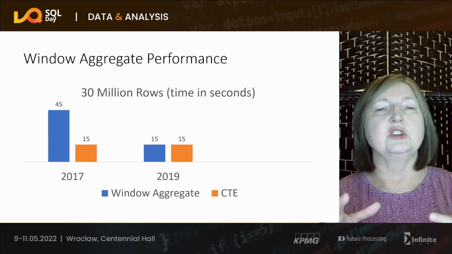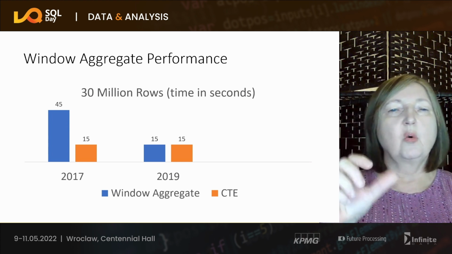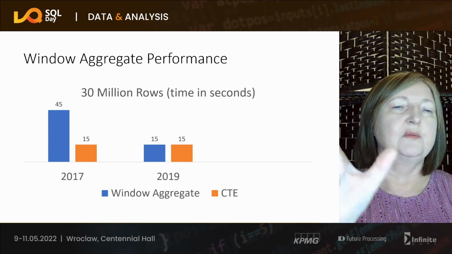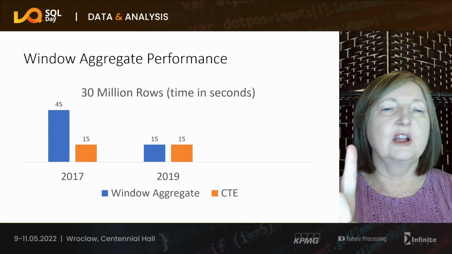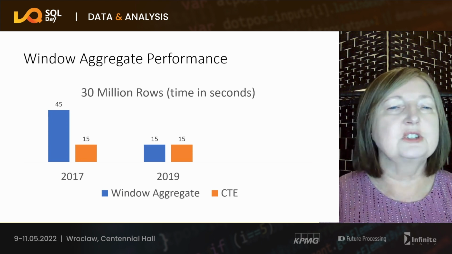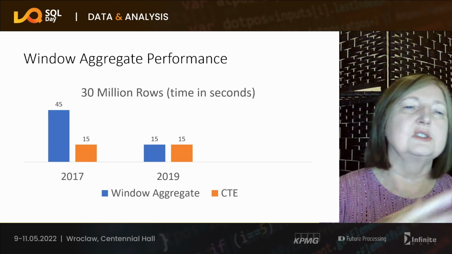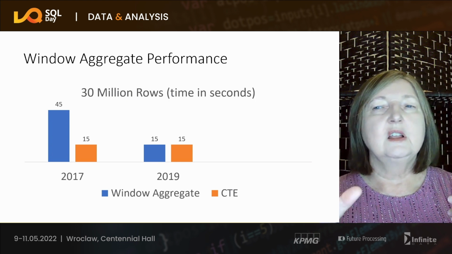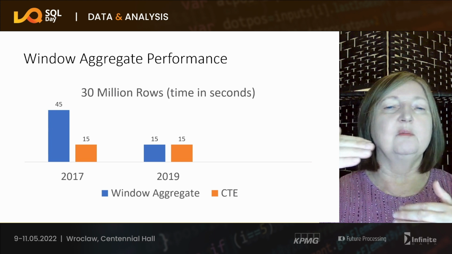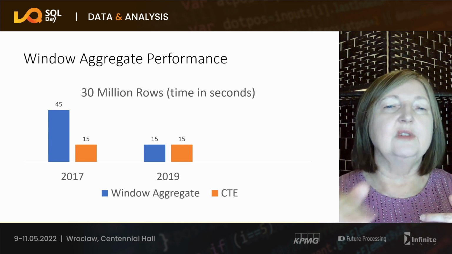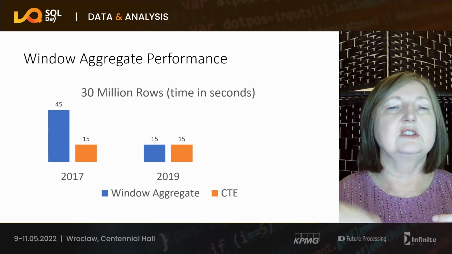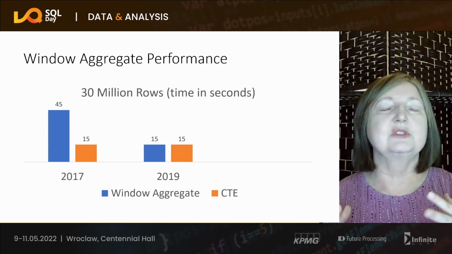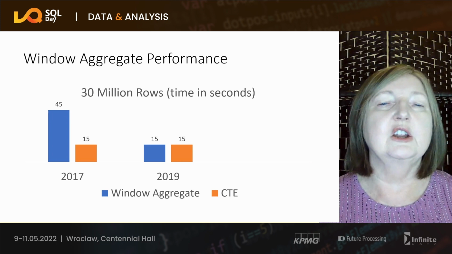Another thing that you can do is have correlated subqueries. Correlated subqueries work fine if you just have one calculation. I don't have the results here. I used to have it in a previous version of these slides, but with a correlated subquery, if you have multiple values you're trying to get, that performance will be a linear increase in time.